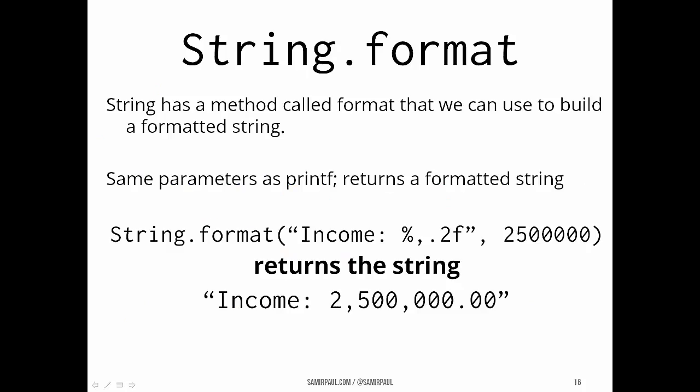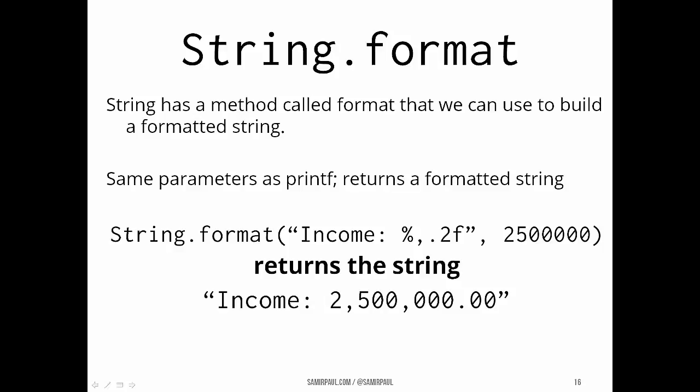One last thing, we can actually use the string method called format. So this is a static method in the string class. That's why we're calling it with the name of the class itself. We can use the string method format to build a formatted string. It takes the same parameters as printf, and it just returns the final formatted string.